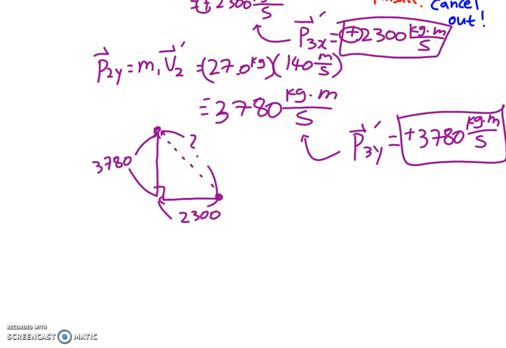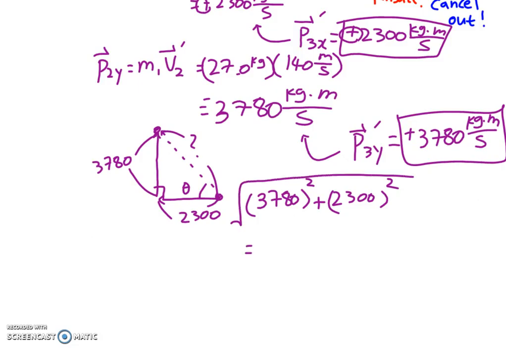And here's our hypotenuse. Remember, a squared plus b squared equals c squared, which is a fancy way of saying if I square opposite and adjacent, then take the square root, we're going to get our P3, which is 4,425 kilogram meter per second.